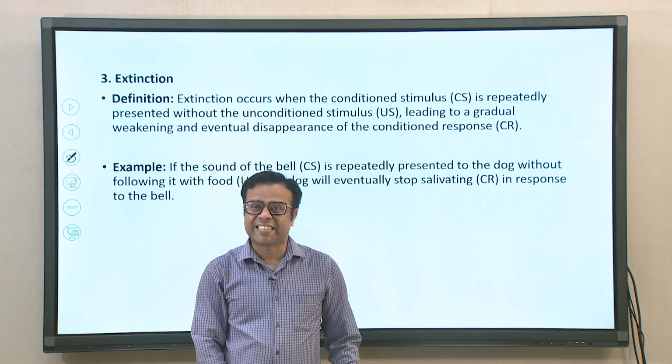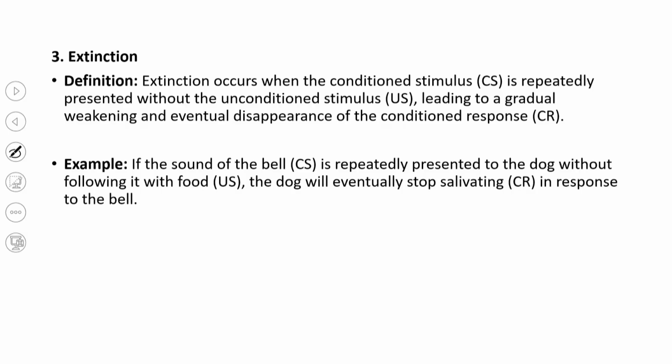Then there is something called extinction. A newly learned response can also become extinct. It is not that the dog will keep this response for the rest of its life, not necessarily. Extinction occurs when the conditioned stimulus is repeatedly presented without the unconditioned stimulus. Then slowly the response becomes weaker and weaker. For example, if the sound of the bell is repeatedly presented to the dog without following it with food.